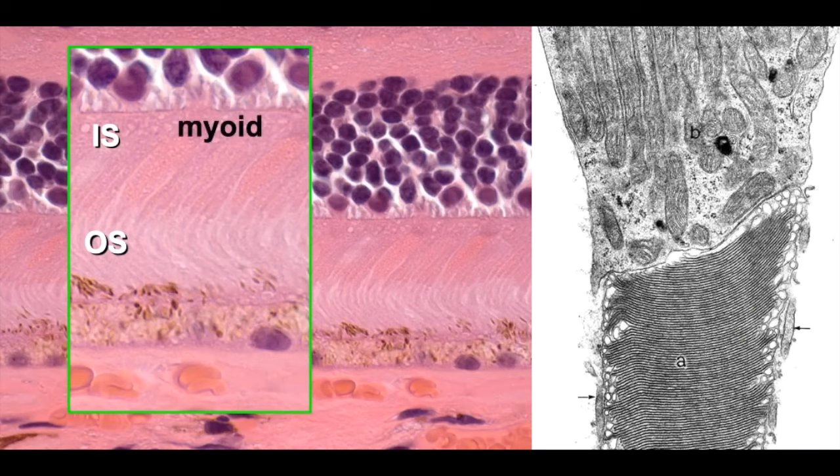The myoid and ellipsoid parts of the inner segments are seen in these photos. The myoid abuts the external limiting membrane. The ellipsoid is tightly packed with mitochondria, seen in the electron micrograph at right. The mitochondria probably are responsible for the reflectivity of the ellipsoid in the OCT.